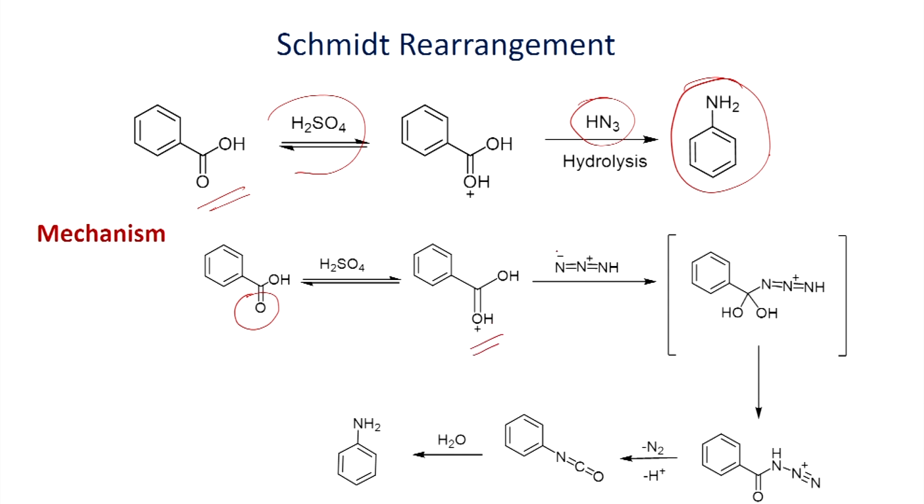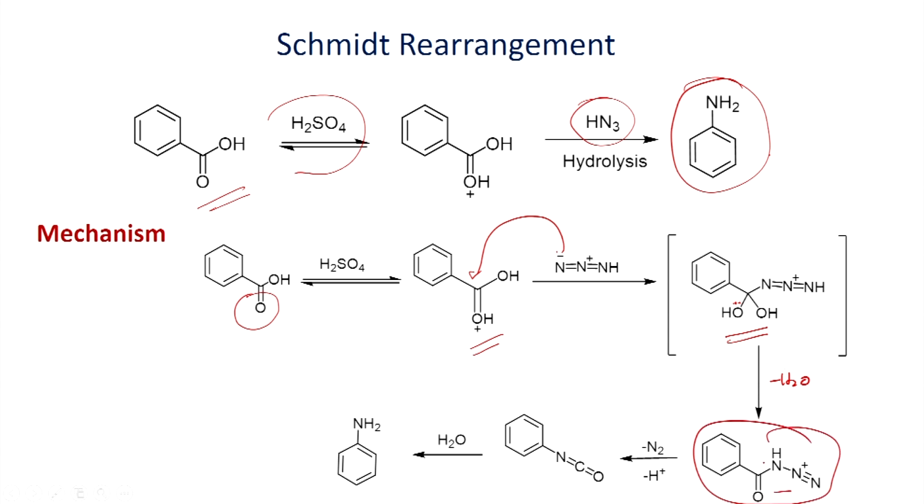Once you have this one, which can undergo addition reaction with this HN3, then you will be able to form this intermediate. Once you have this one, it can lose a water molecule, and you will be able to form this acyl azide.